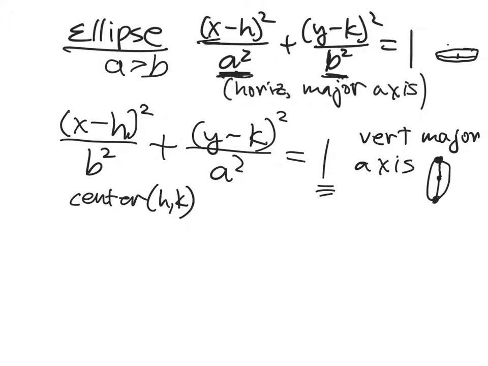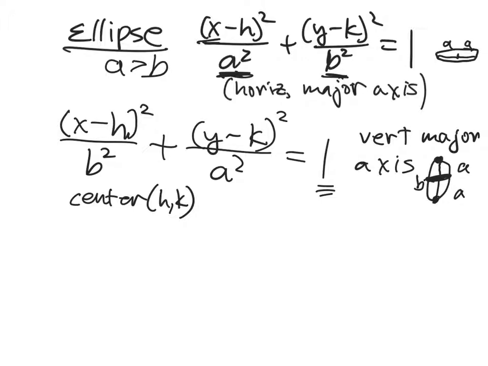So the whole major axis would be 2a, and then b gives us the sides of the ellipse. Which one is the major and which one is the minor axis? The major is the longer one. The major is 2a. The minor will be 2b.